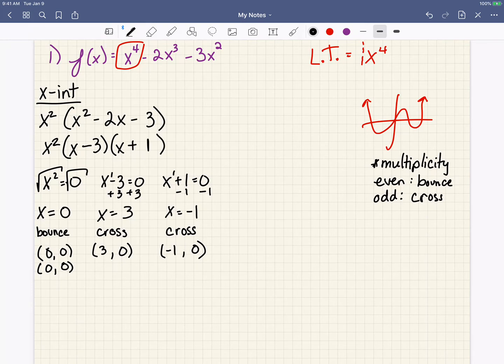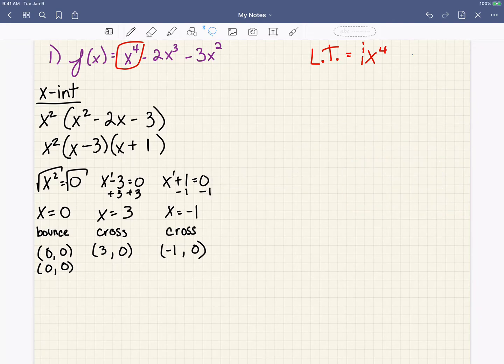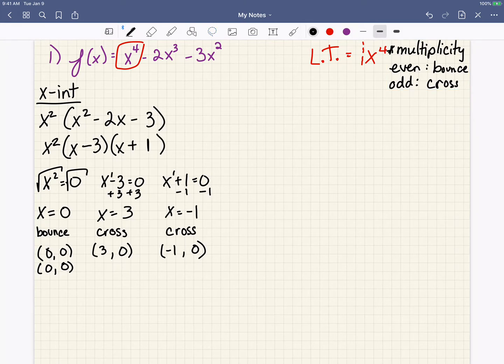Now I want to do my y-intercept. I'm going to need to do some erasing, and I'll move this over so that it's up here. And we're going to do our y-intercept. So my y-intercept is when my x's are set equal to 0.